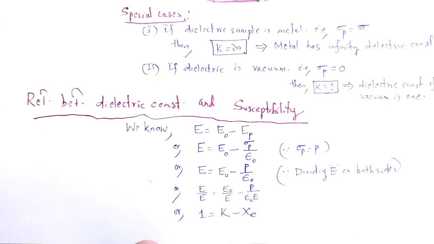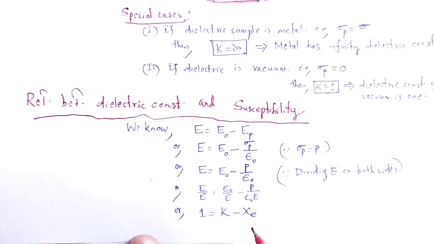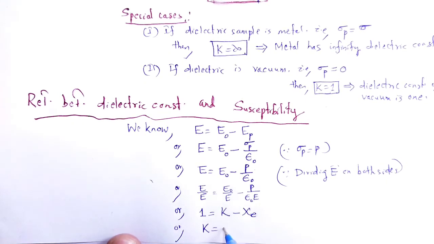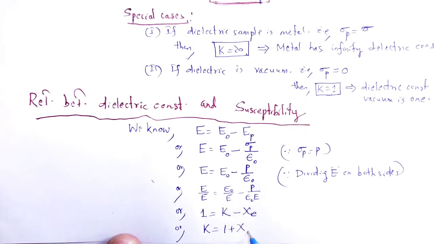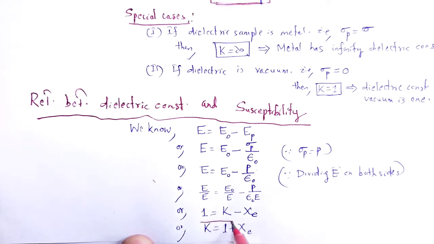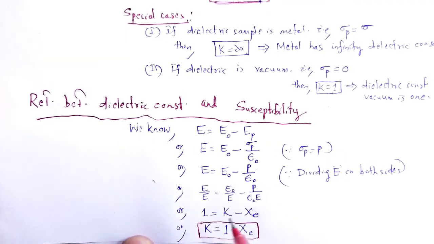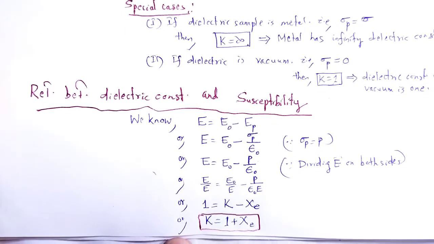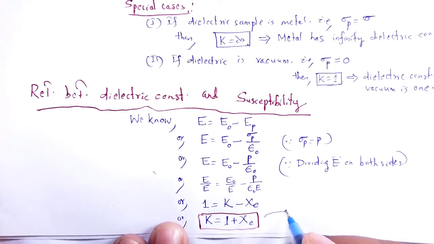So here is the relation: K is equal to 1 plus chi.